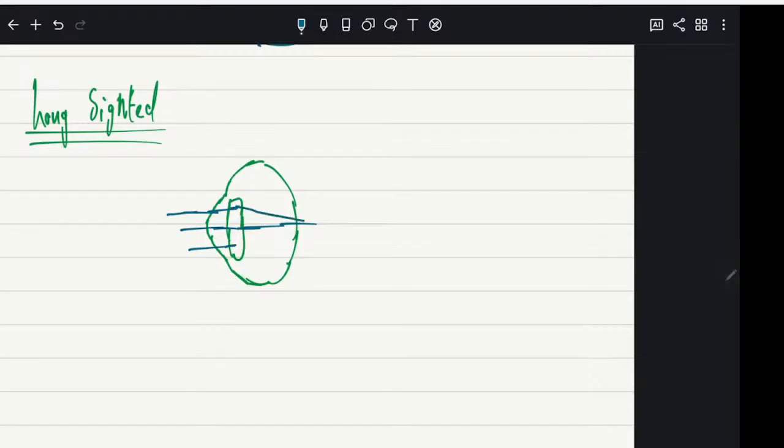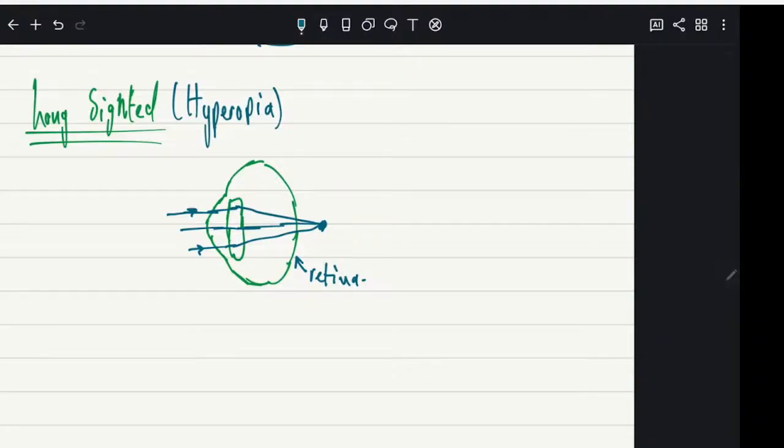Here's what happens. If a person is long-sighted, the syllabus, the past paper can ask you, this is a long-sighted person. Let me show you, these are the most important things. So the retina is here. When a person is long-sighted, the other word they can call it is hyperopia.